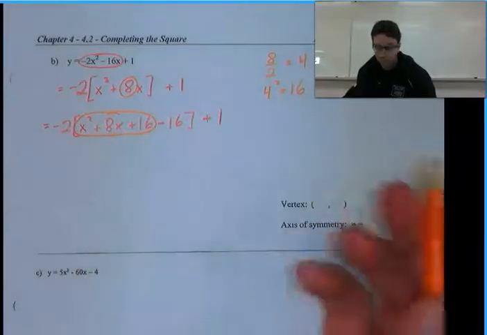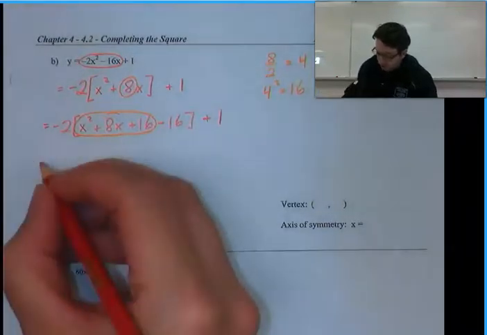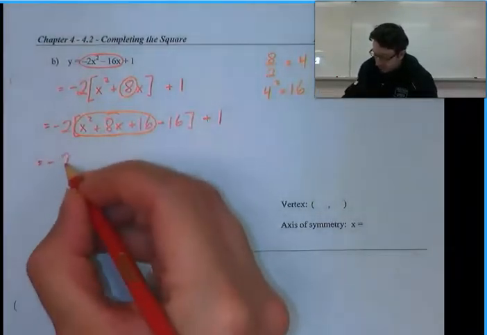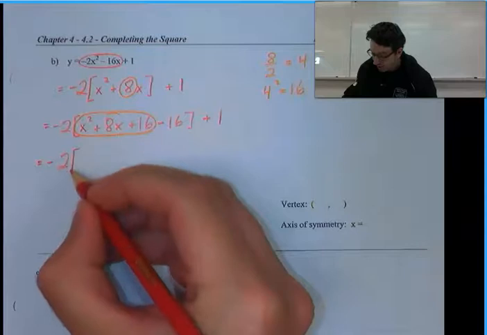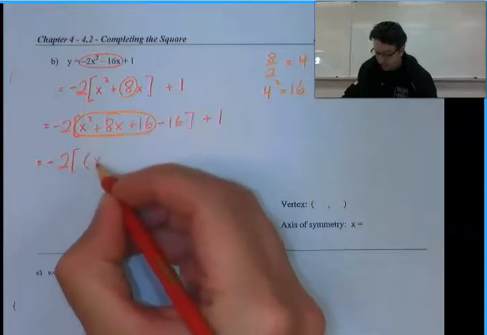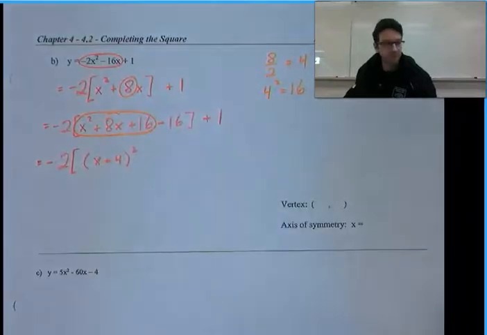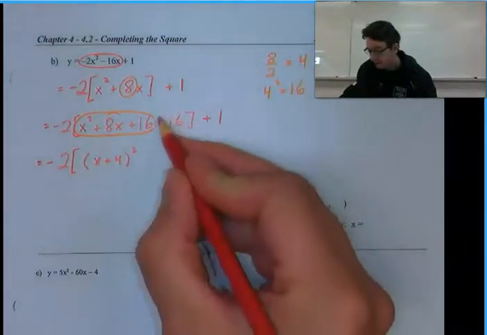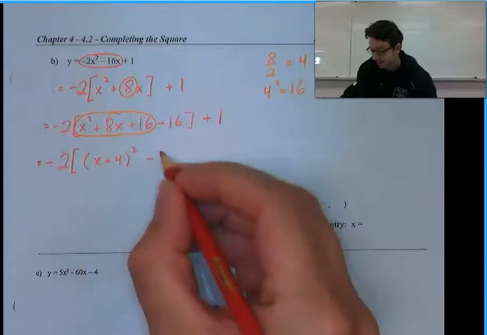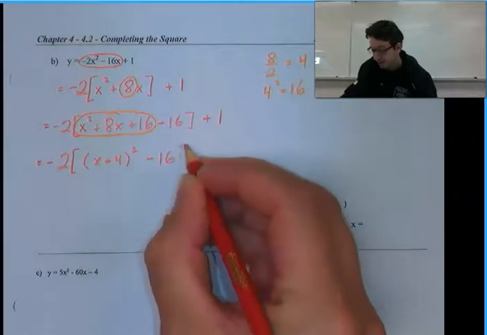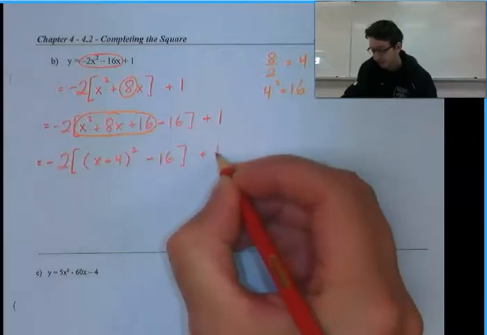So it's 4 and 4. Therefore, we can factor those three terms to give us x plus 4 squared. But this -16 is still there. And our 1 is still there.